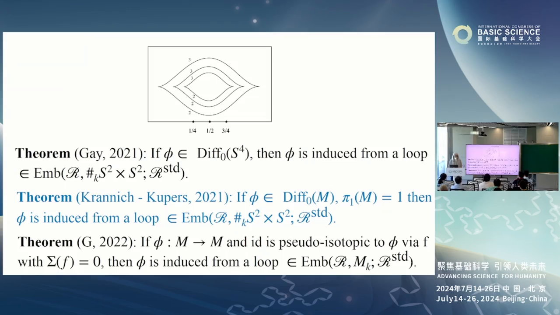And Crouch and Cooper generalized this to simply connected, and more generally, you could do that if the diffeomorphism is pseudo-isotopic by a pseudo-isotopy with trivial first Hatcher-Wagoner obstruction.